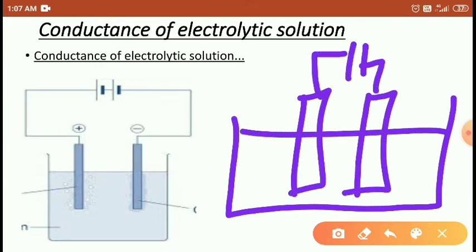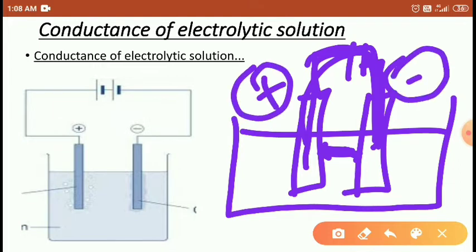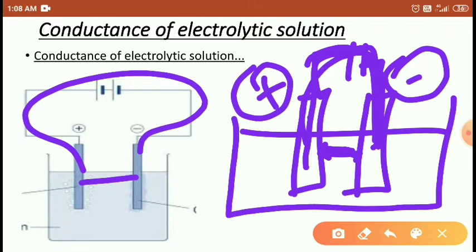The distance between the electrodes is very small, so the electrons easily flow from one end to the other. Because the distance decreases, electrons easily travel from the anode to the cathode. If the distance increases, the electrons require time to travel from anode to cathode.